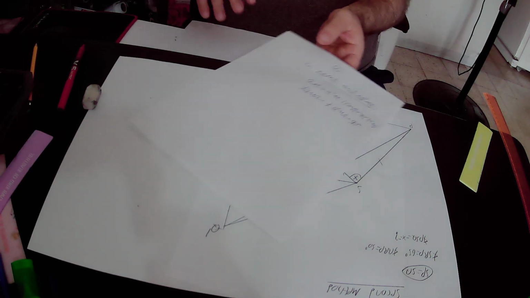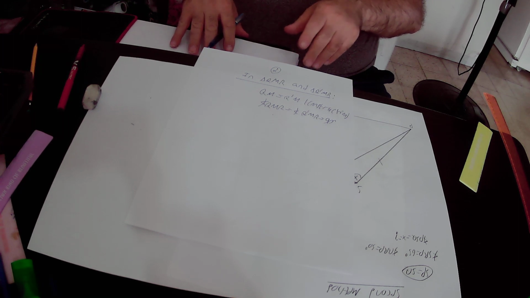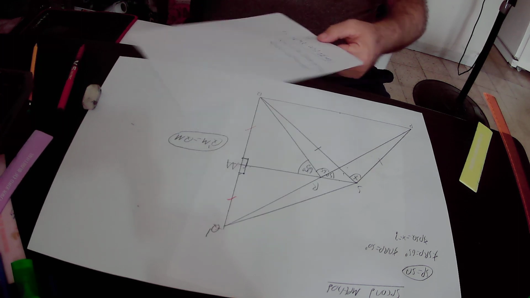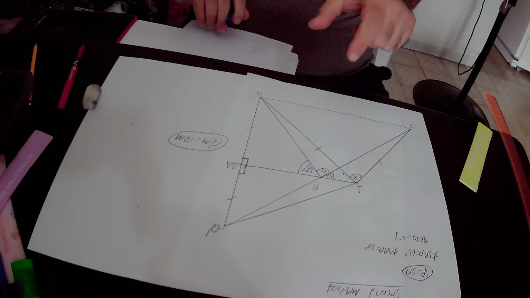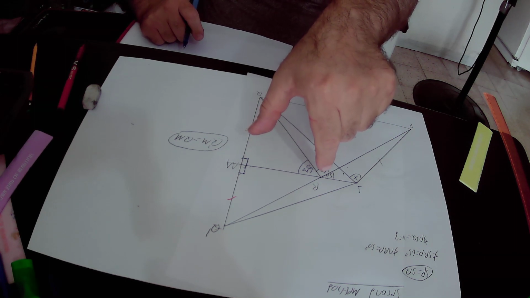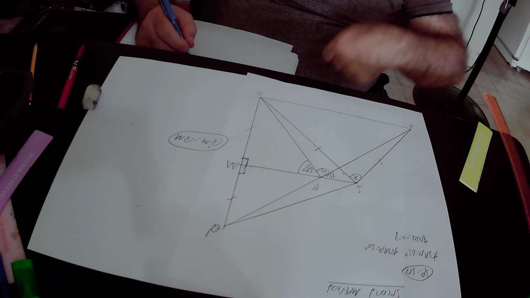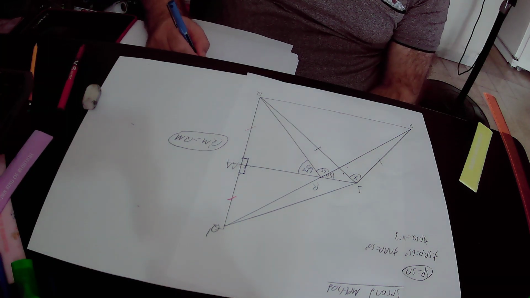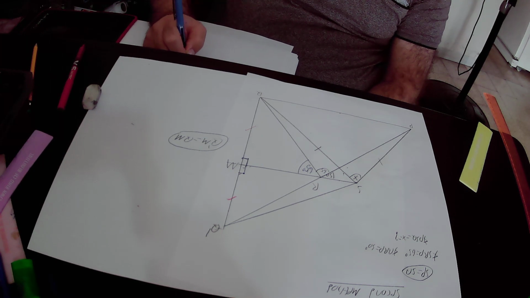Okay, and we have here a common side. RM is a common side, it belongs to both triangles, so we can write down that RM equals RM.